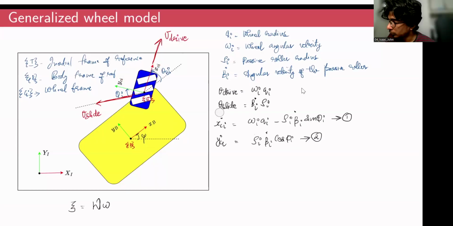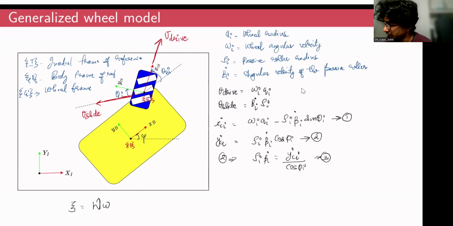Now how can you eliminate this rho I beta I dot from these two equations? From equation 2, I can write rho I beta I dot as YCI dot divided by cos phi I. I'll write this as equation 3.